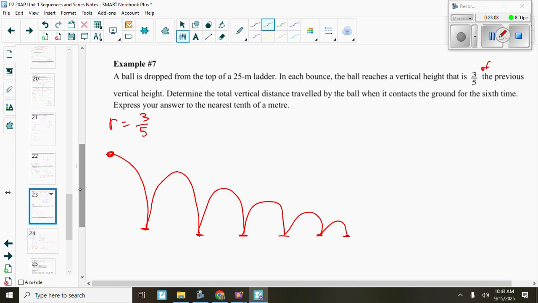It wants the vertical distance after it contacts the ground for the 6th time. So 1, 2, 3, 4, 5, 6. What we're interested in is this ball: notice that the ball goes up and the ball comes down.